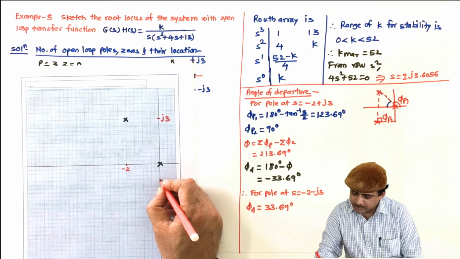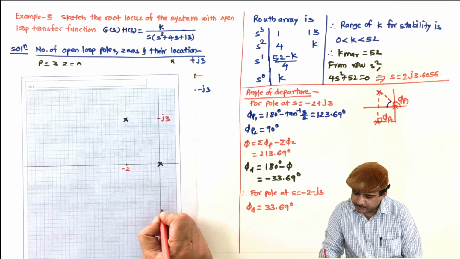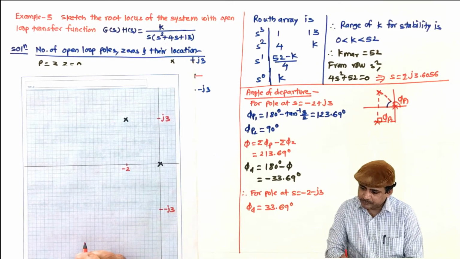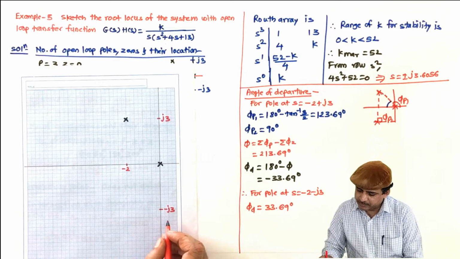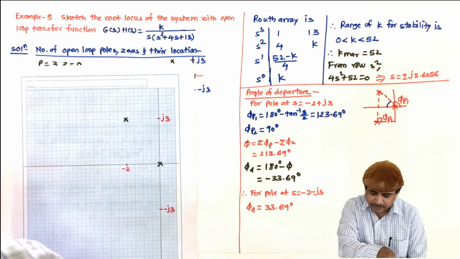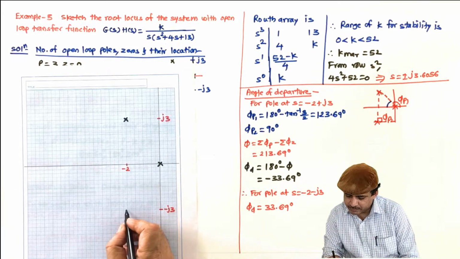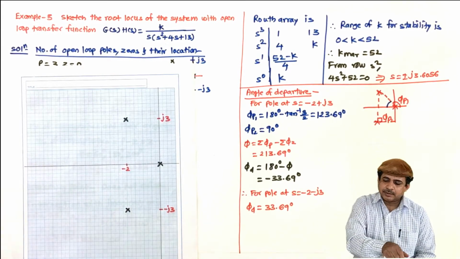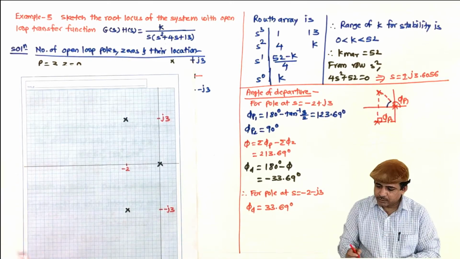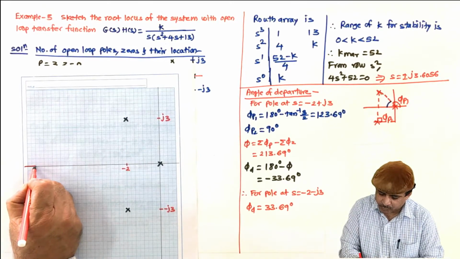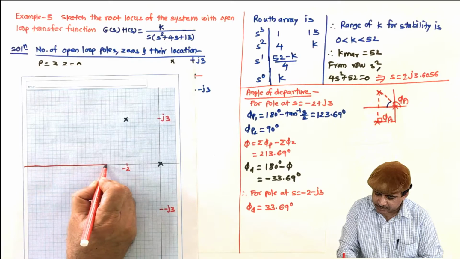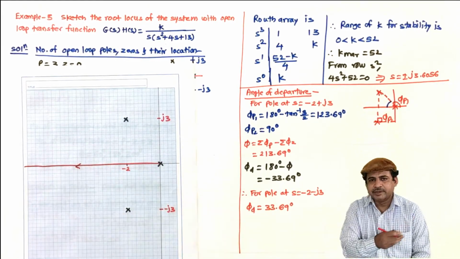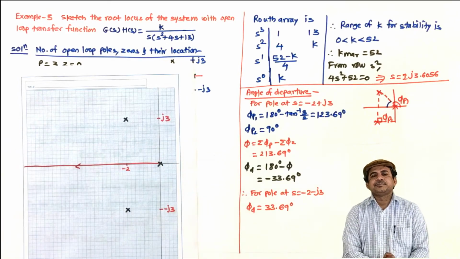Similarly here 1, 2, and 3, minus j3, and the pole will be here, correct. And as we know, this root locus exists on the real axis in the entire left half of the s plane, so this pole will directly move towards infinity along this asymptote.